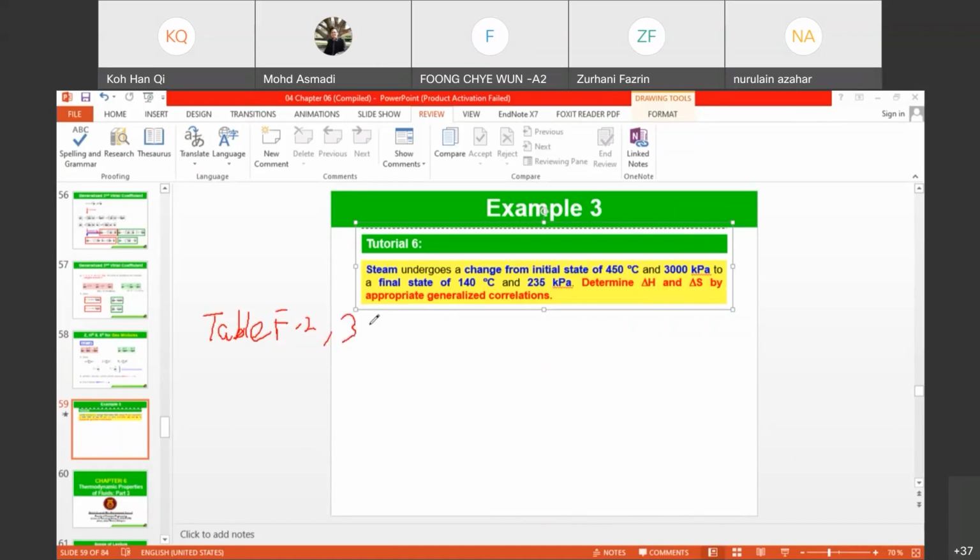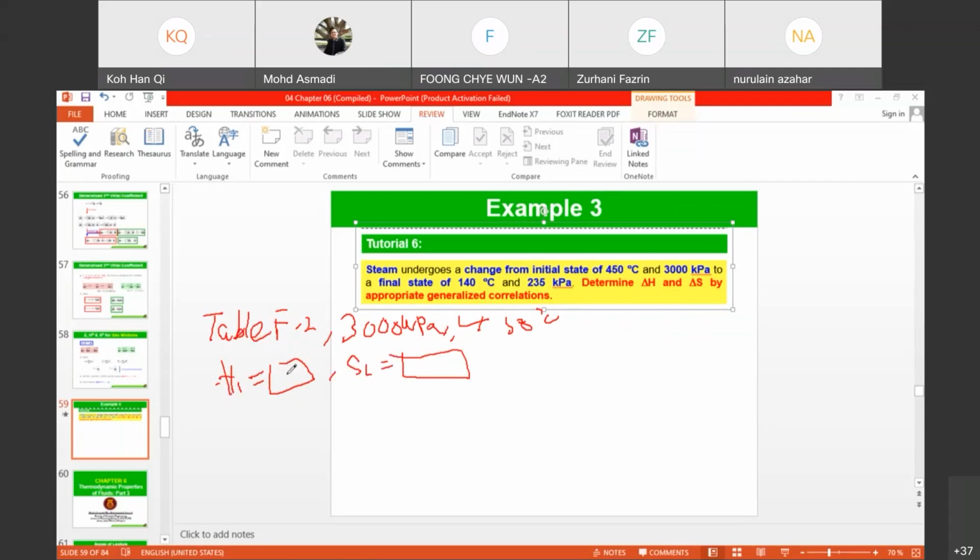For the first condition, 30,000 kilopascal and 450 degrees C, you can get H1 equal to how much? And S1 also, what is the value?